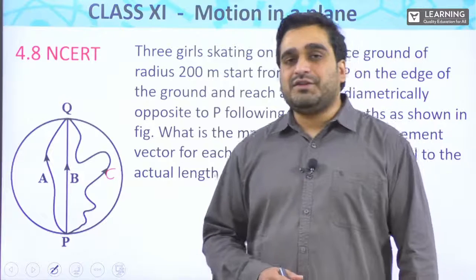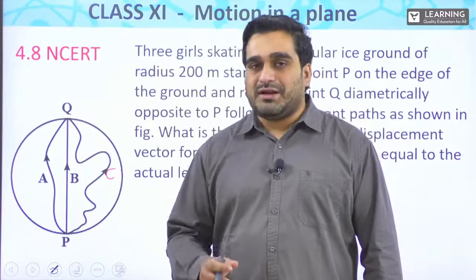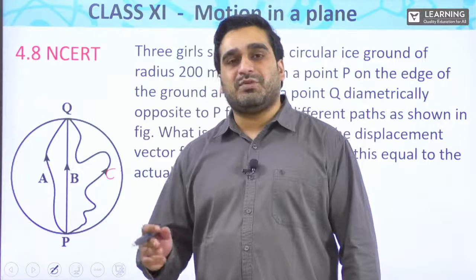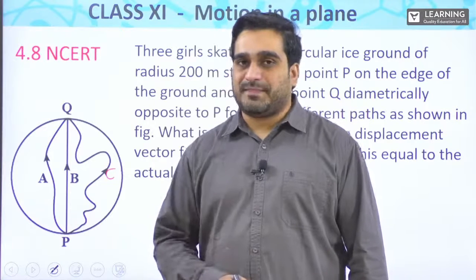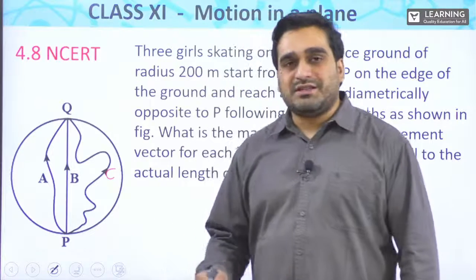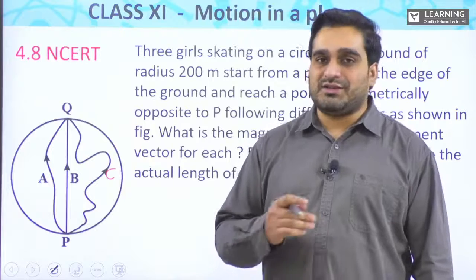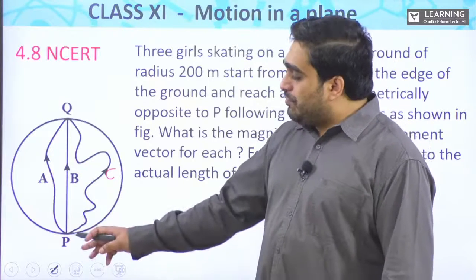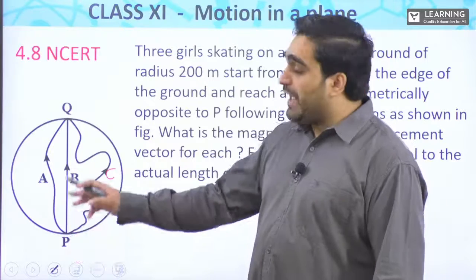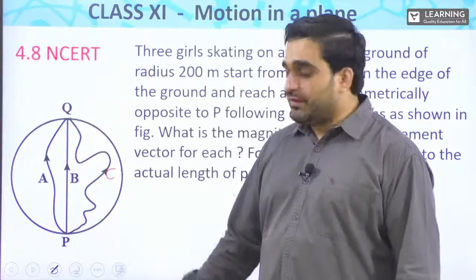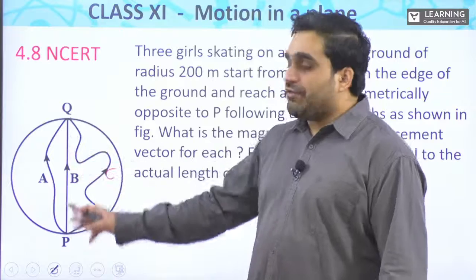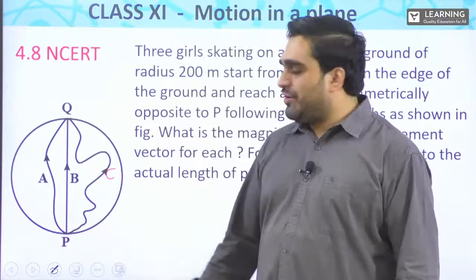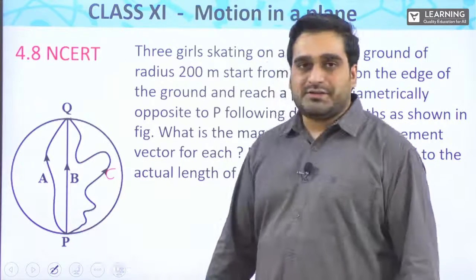Now by the definition of displacement, we learned it is the shortest distance between the 2 points. Shortest distance meaning by a straight line. It is described by a straight line. 2 points are the initial and the final. So PQ represents displacement for all the three girls.